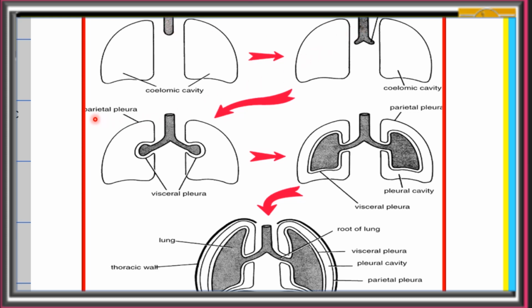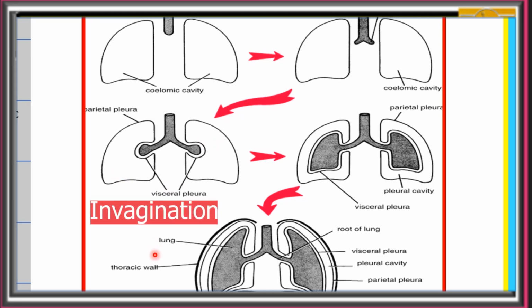As a result of development and growth, the growing lungs will expand into the serous sac from its medial side. So this view will also give us that expansion from the medial side. This process of the growth of the lung tissue into the serous sac is called invagination.